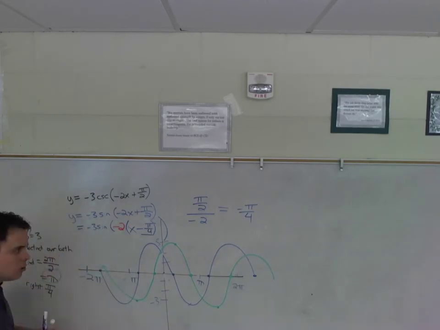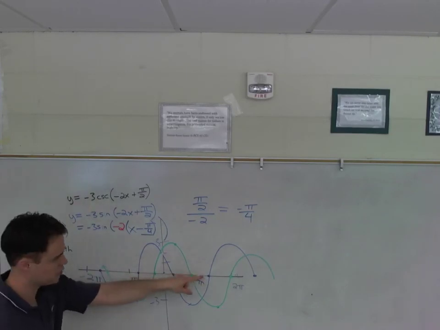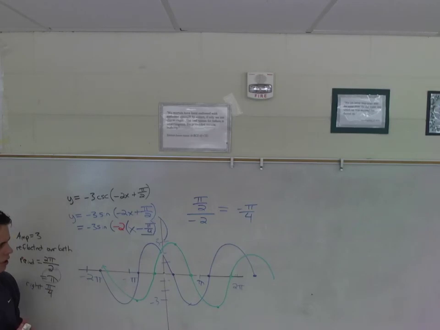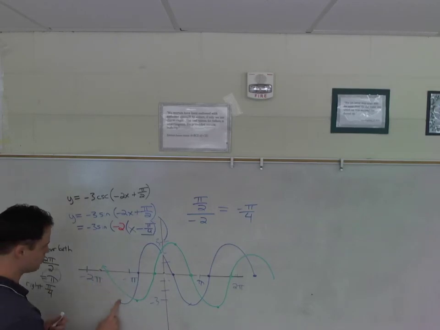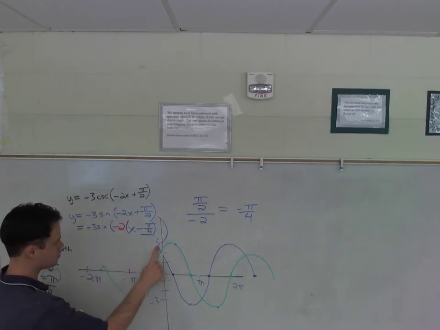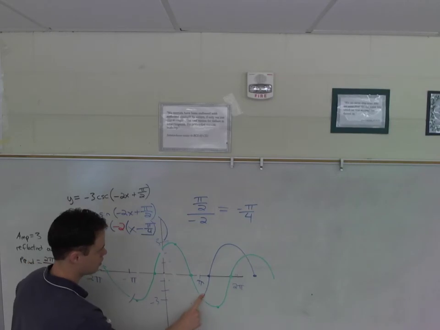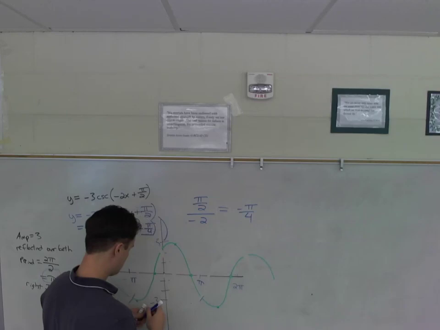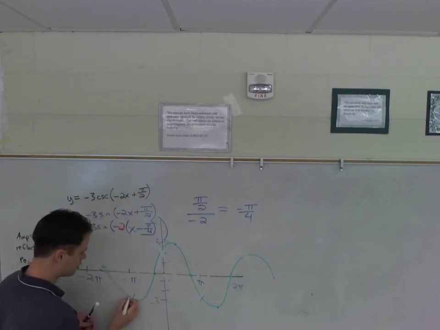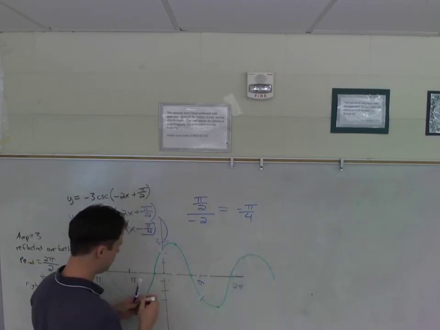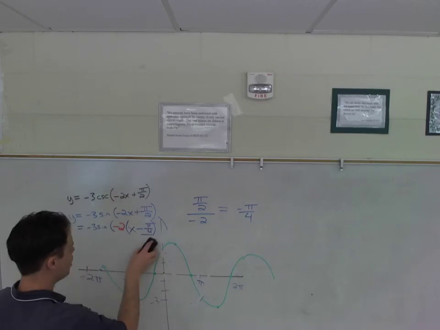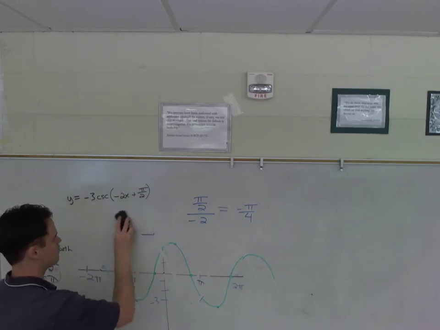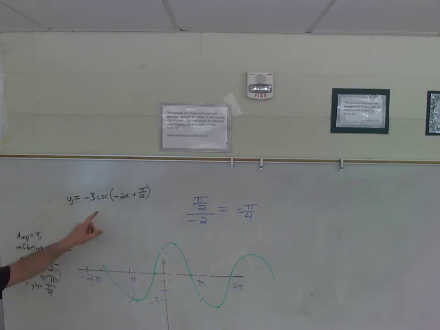So that took a little bit of paying close attention to where these nodes or intercepts are so that I could be real careful about it. I'm going to erase my blue curve now because it's just going to get in the way. The green curve, remember we're still not done, is just the guide function. Our goal is to draw the cosecant.